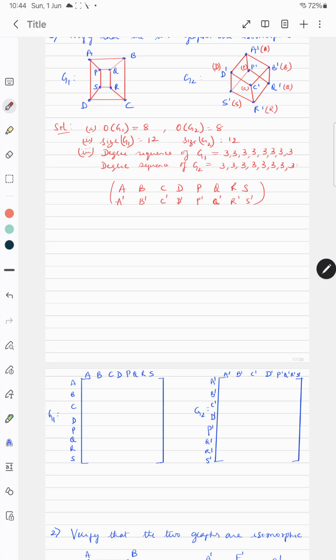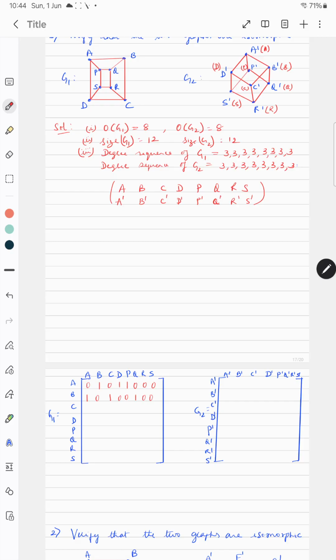Now, in graph G1, A is adjacent to B, adjacent to P, and A is adjacent to D. So I'll just put 1 for AB, AP and AD. Remaining all, it is 0. Clear? Next, vertex B is adjacent to A, C and Q. So BA is 1, BC is 1, BQ is 1, remaining all 0.